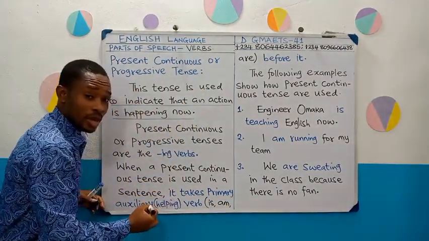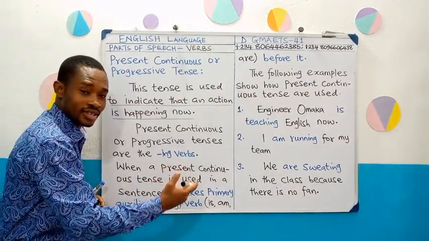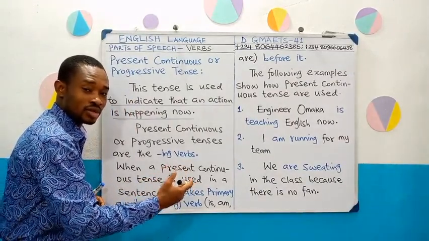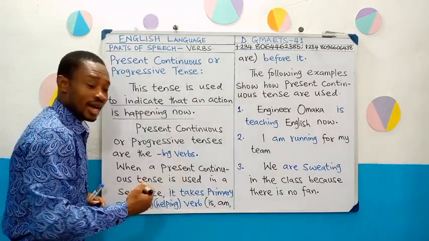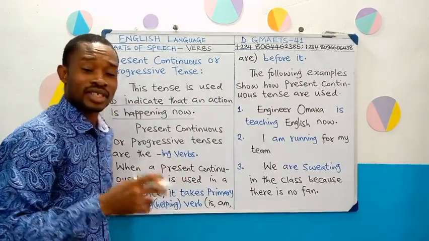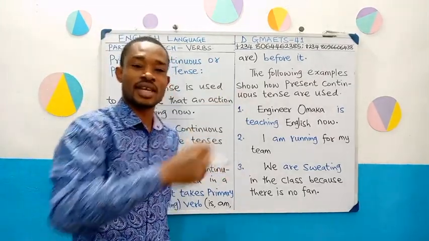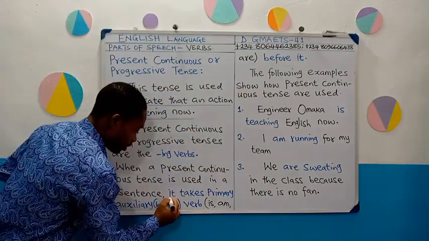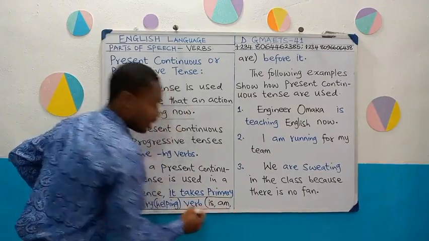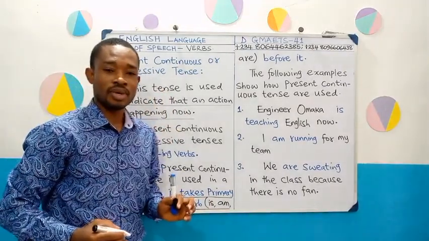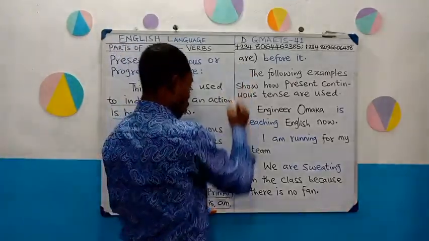When you use a present continuous tense in a sentence, it must take a primary auxiliary verb before it. And this primary auxiliary verb it takes is in present tense form. Let me underline: it must take primary auxiliary verb, those ones in their present tense form.